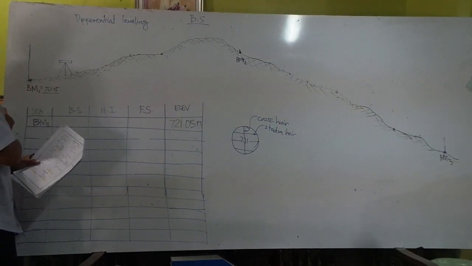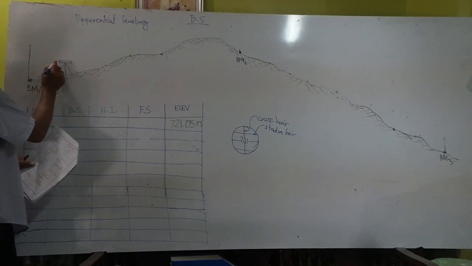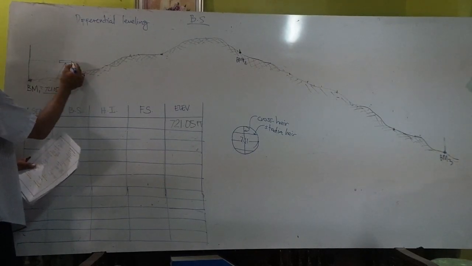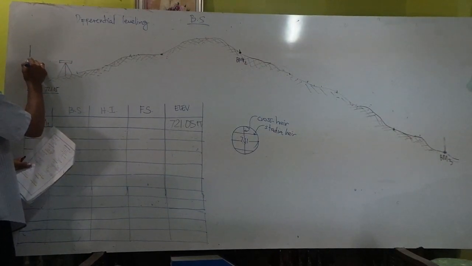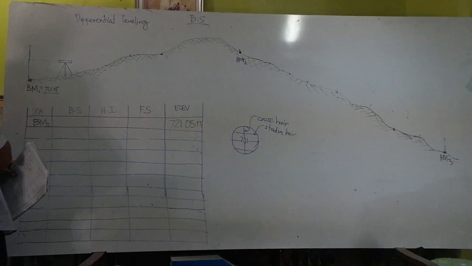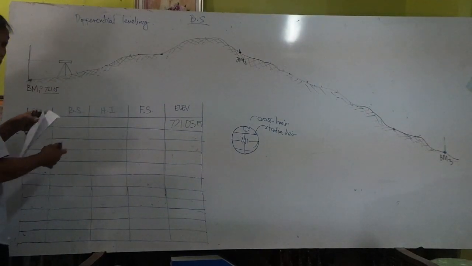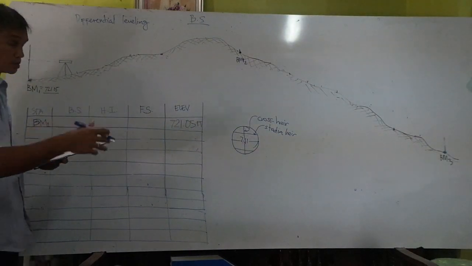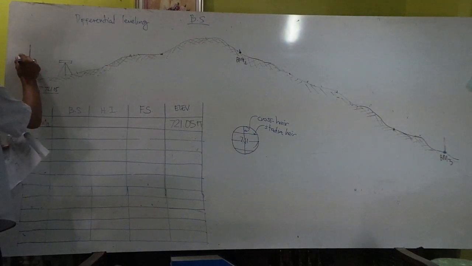Then you see the rod reading through the telescope. In the module that I gave you, the rod reading is equivalent to 7.11.